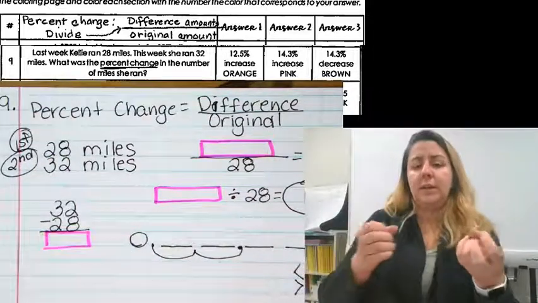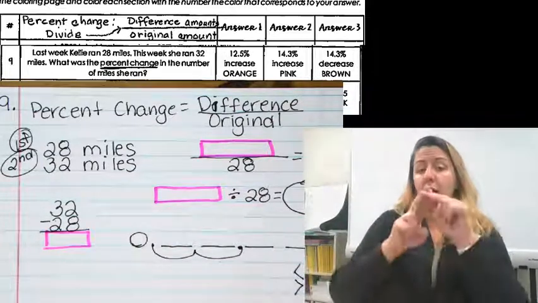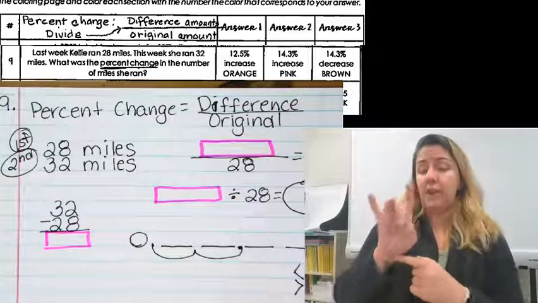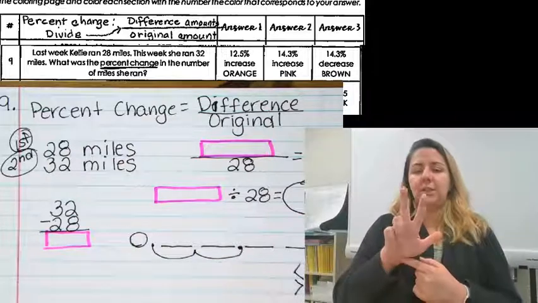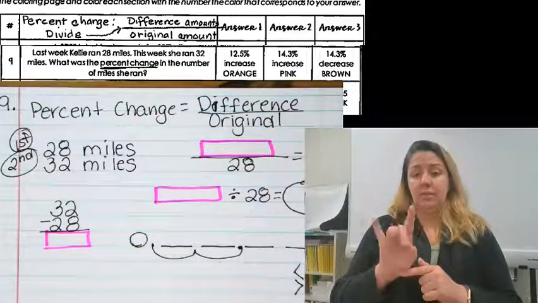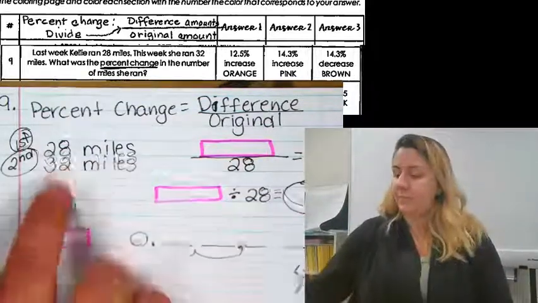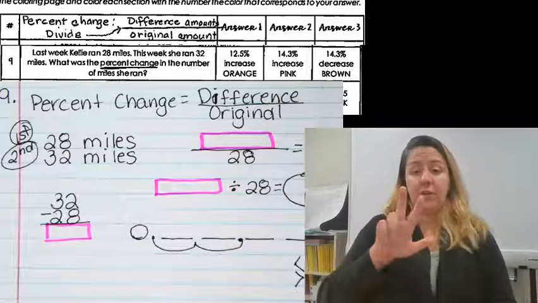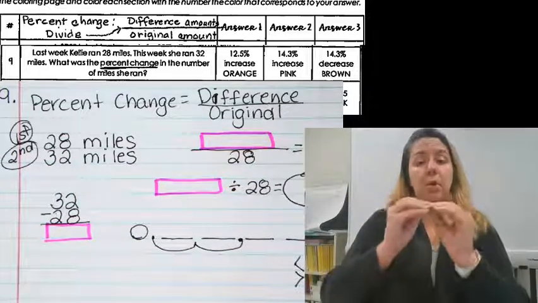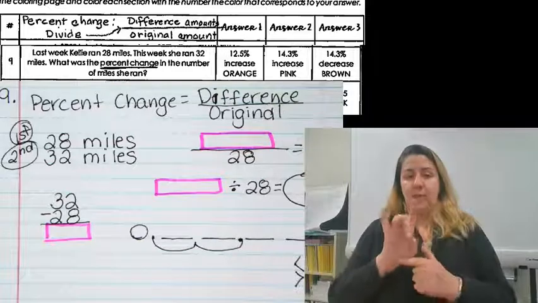So does that number 32 go up? Is it more than 28? Or is 32 less than 28? Is it a smaller number? So 32, is it more than 28 or less than 28?